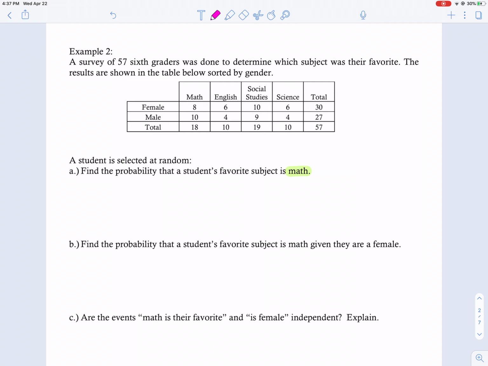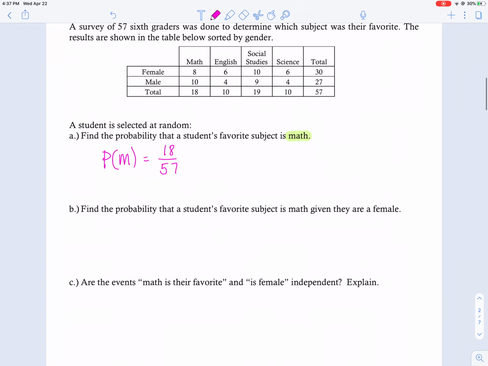Total math is 18. The probability of math is 18 out of 57. The total number of people that love math is 18 out of the total of 57.